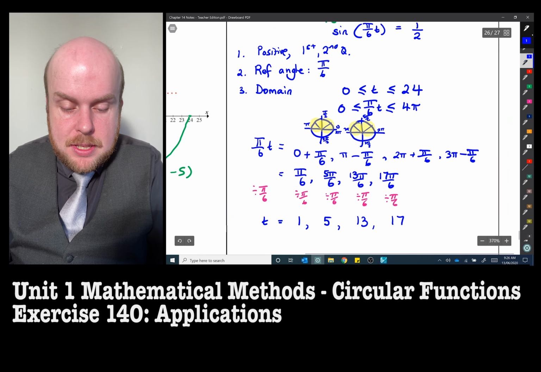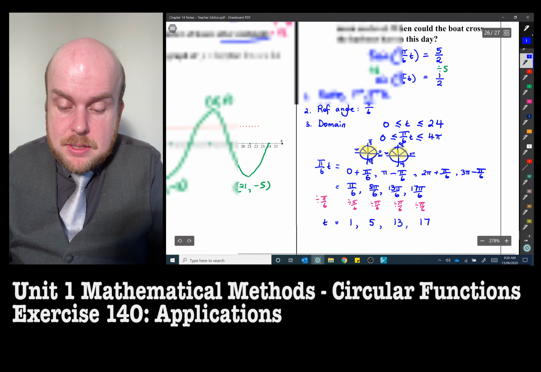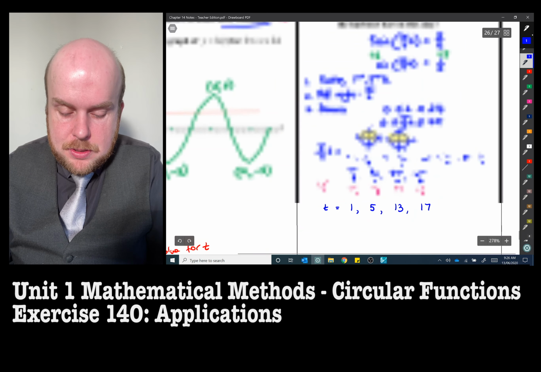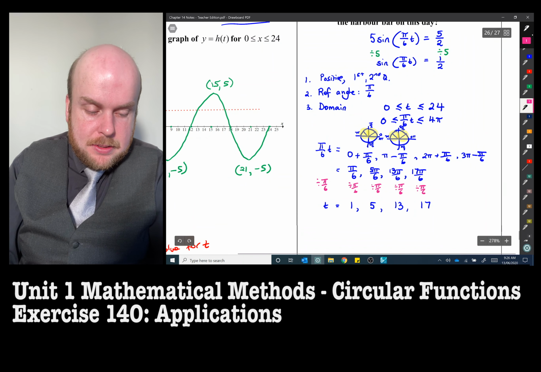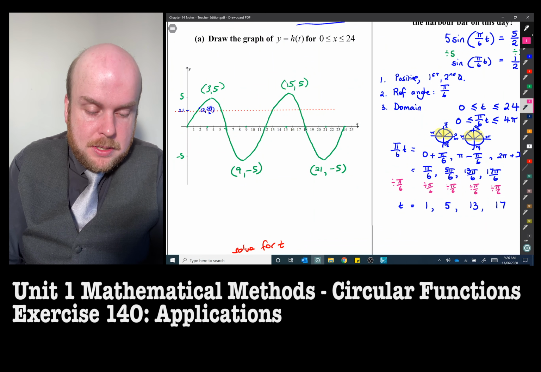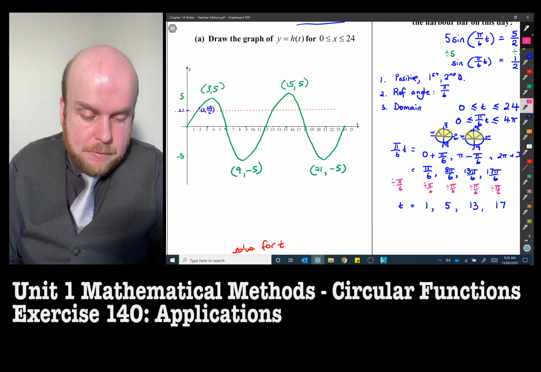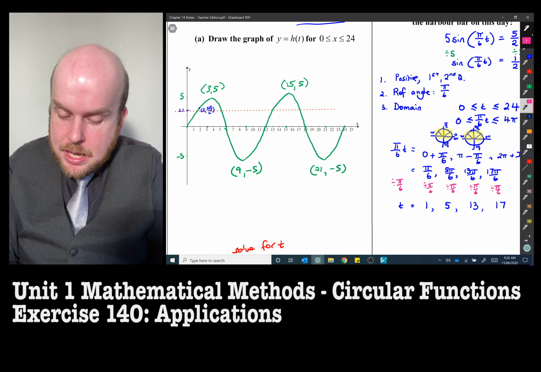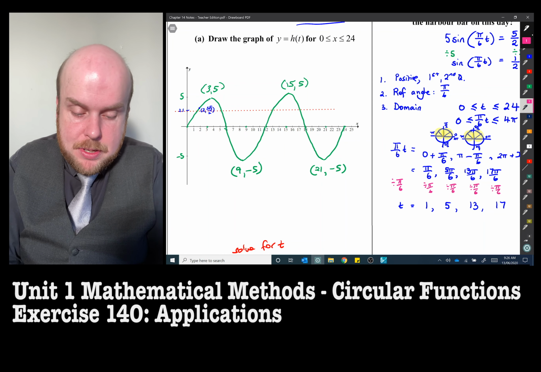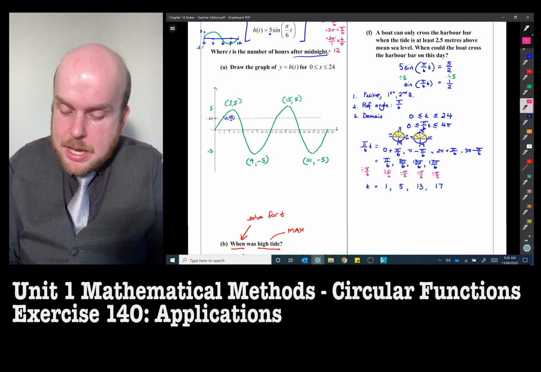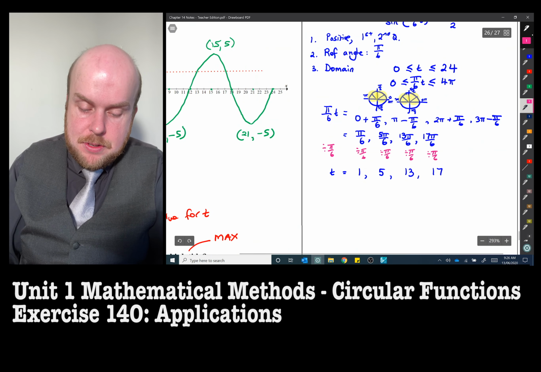Let's go and check the question here. Does it say when could? So that means between 1 a.m. and 5 a.m., and between 1 p.m. and 5 p.m. in the afternoon.